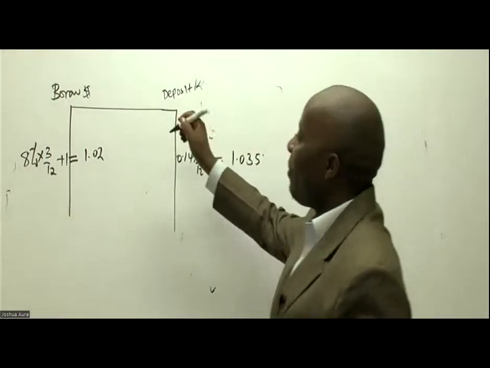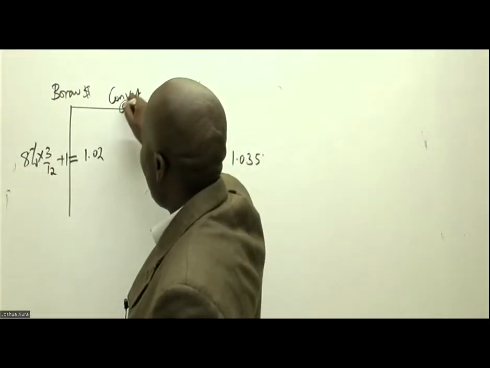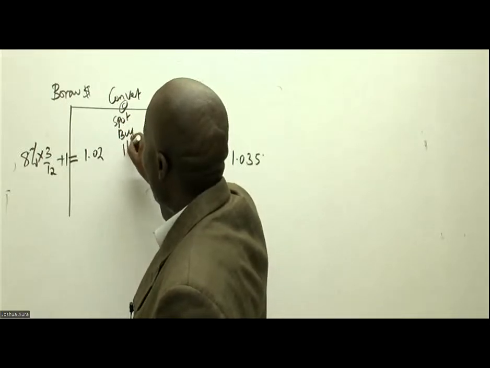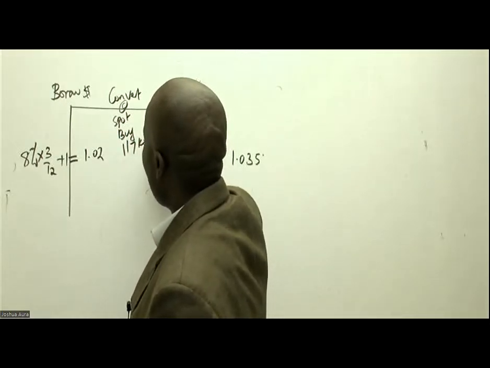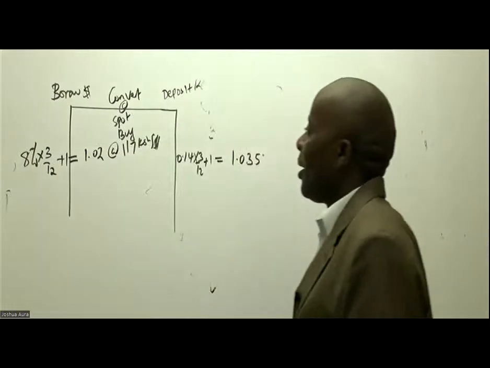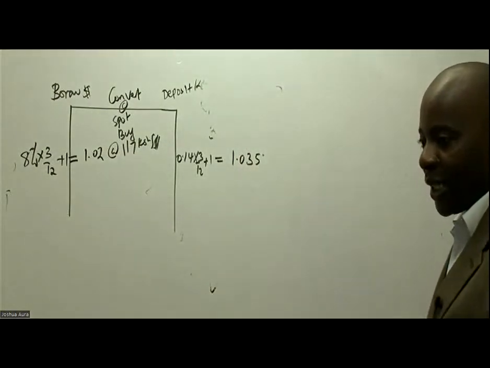Here it says convert export. You say it's buying when you're converting at 117 Kenya shillings per dollar. Now in this case, we come to the last thing.